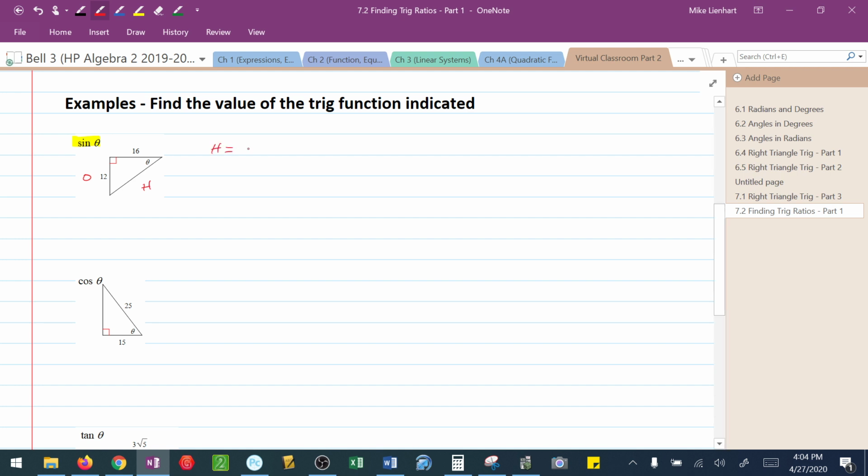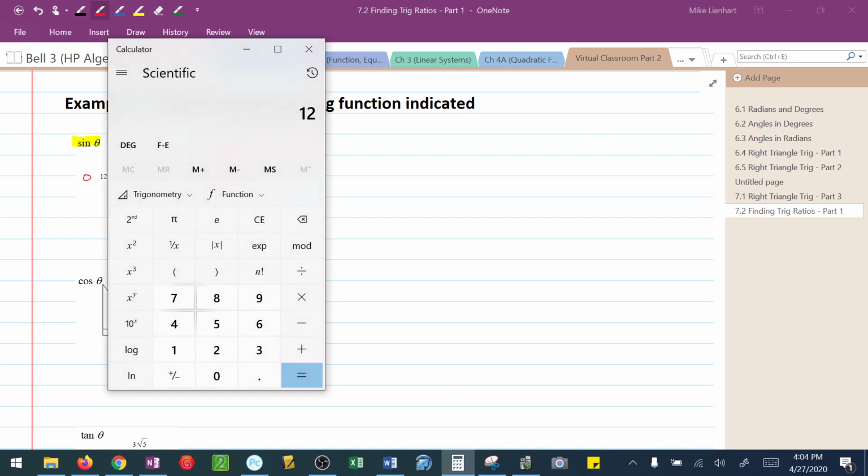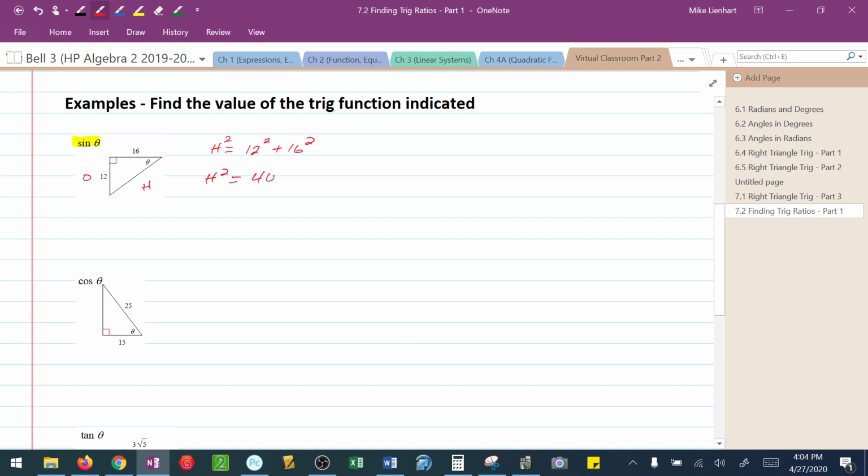I know that the hypotenuse squared is equal to each of the legs squared and added together. So the hypotenuse squared is 12 squared plus 16 squared, which equals 400. Taking the square root, h would be 20.